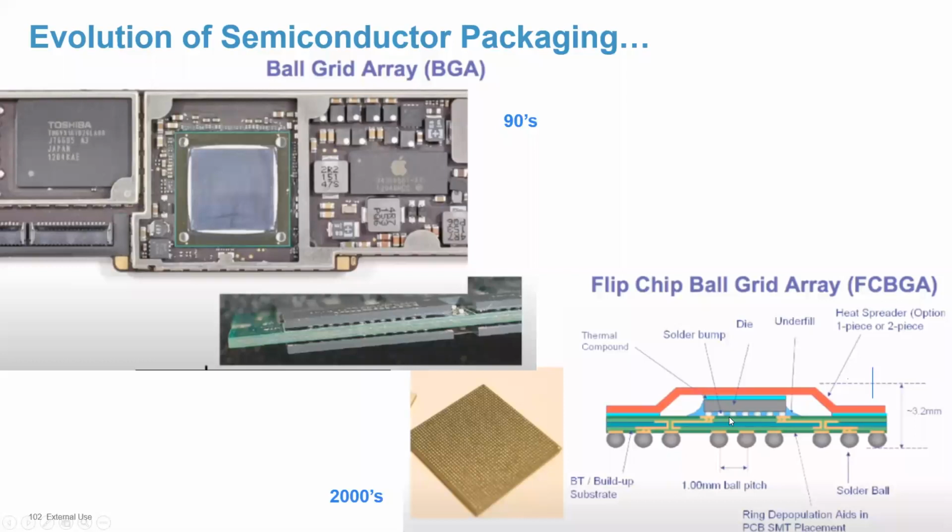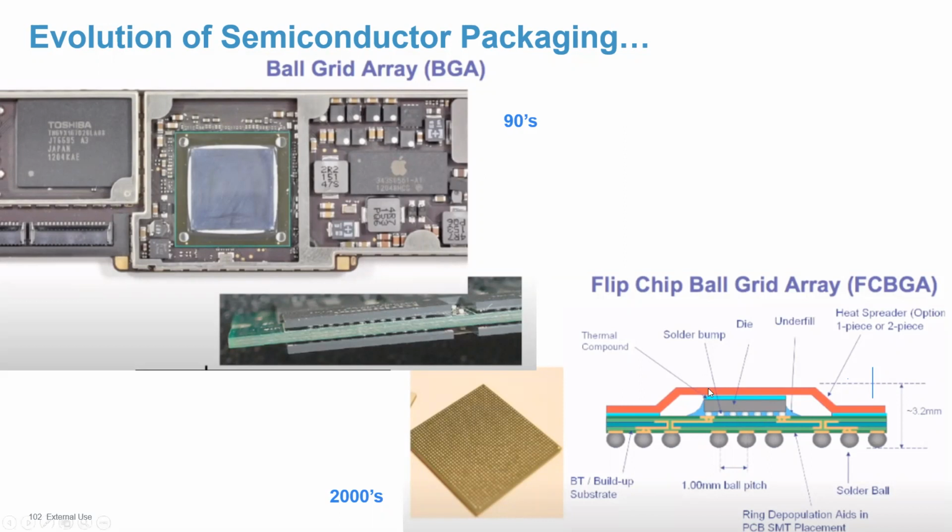This is a very interesting thing, because with this evolution, a lot changes. You can just imagine the active surface facing down, and you are not having the wire bonds. First of all, you are eliminating an interposer intermediary substrate. You are eliminating the gold wire bonds, so you are going to save costs, and you are going to have a thinner package as compared to the wire bond ball grid array.